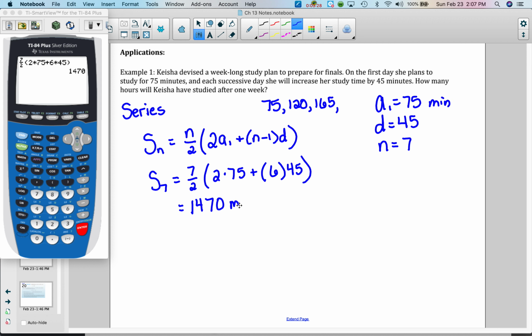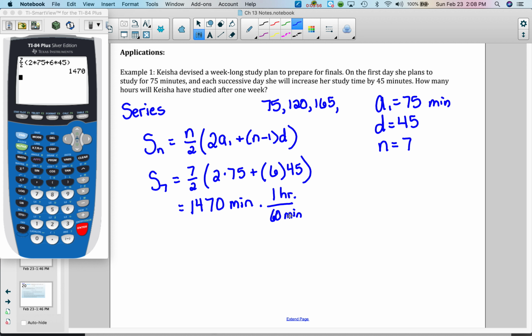Now keep in mind, we were dealing with minutes, but the question was how many hours. So keeping in mind that 60 minutes is 1 hour. Now notice when you do unit analysis, a good little chance to talk about this, I put the 60 minutes on the bottom because I need the minutes to cancel and my answer to be in hours. So those of you who maybe have trouble sometimes knowing which way to put the units, they cancel like fractions.